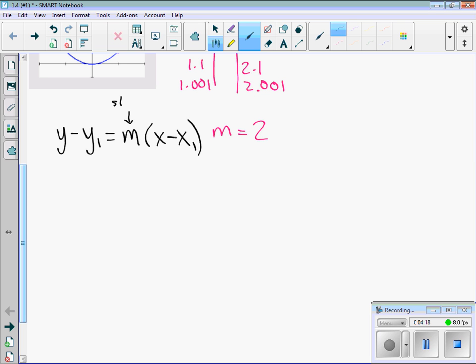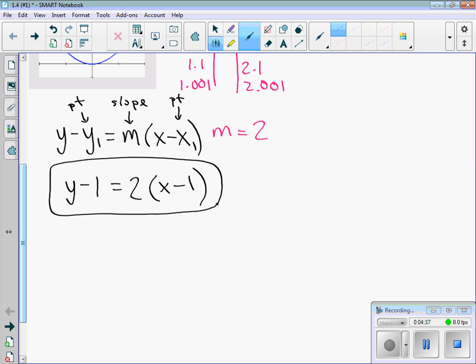You're plugging your slope into that spot. And what do I plug in for the x1 and the y1? Your point, right? That's what you're plugging into those spots. And then it's super quick. So we're plugging in (1, 1), and we're plugging in 2 for the slope, and then you're done. It's way easier than using y equals mx plus b. There's way fewer errors made with this.